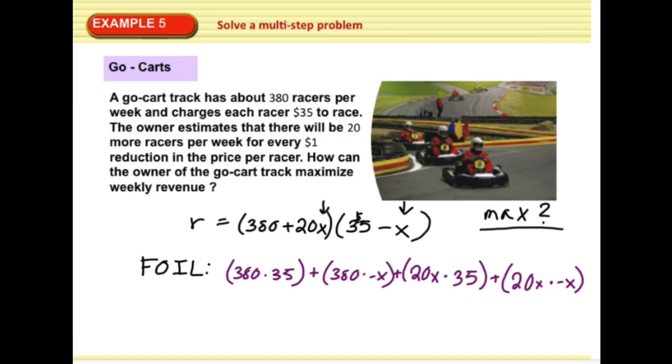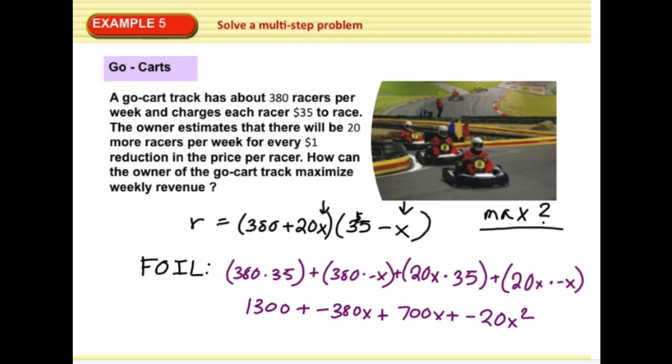It seems like a lot of information, but 380 times 35 is 13,300, plus 380 times negative x is minus 380x, plus 20x times 35 is 700x, plus 20x times negative x is minus 20x squared.